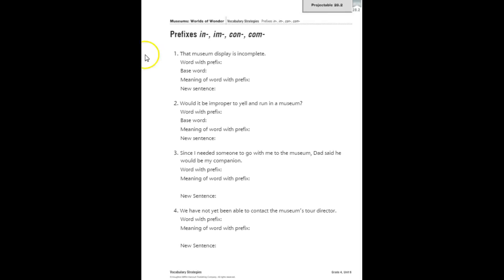Let's read the first sentence. That museum display is incomplete. All right, in sentence number 1, what is the word with a prefix? Right, incomplete.